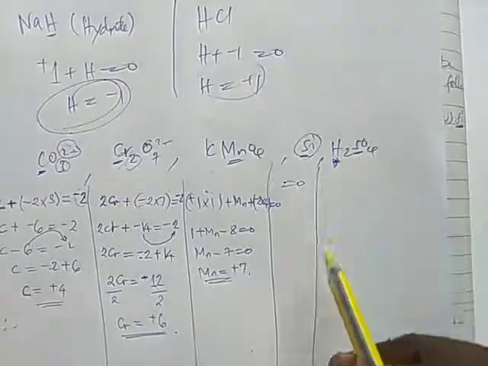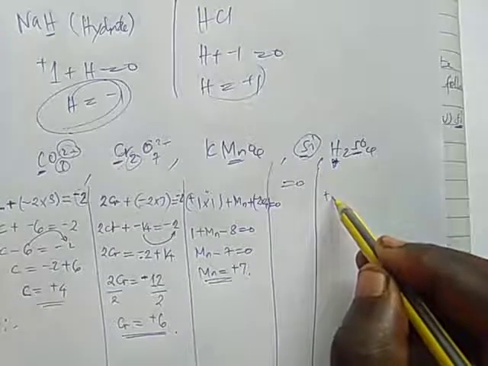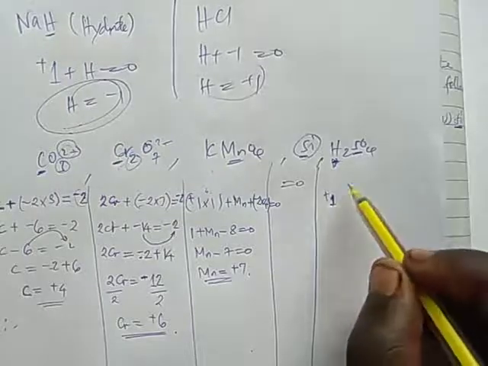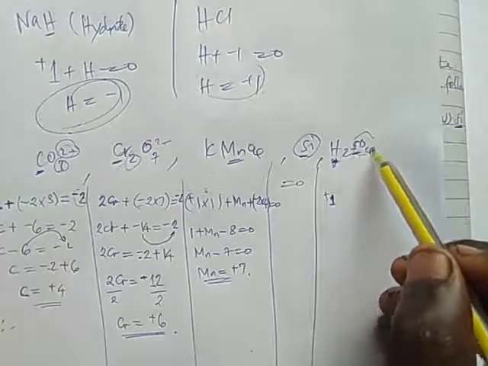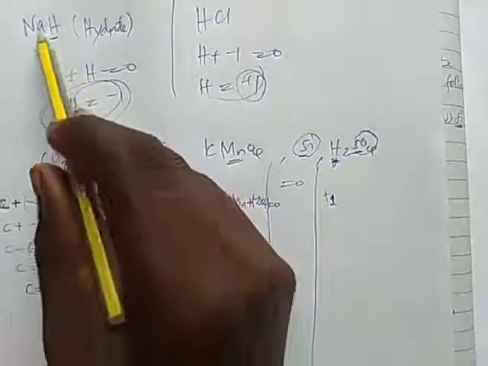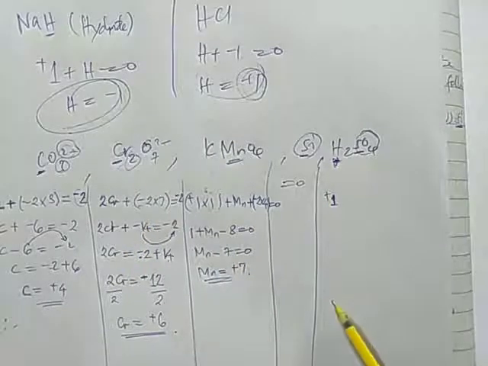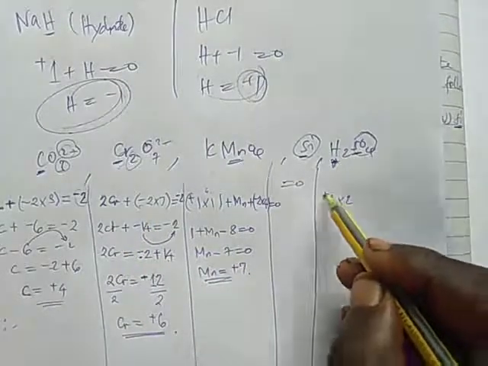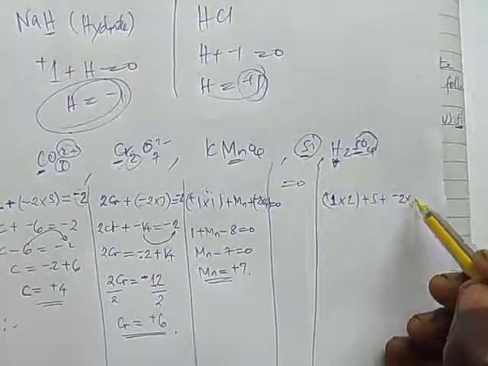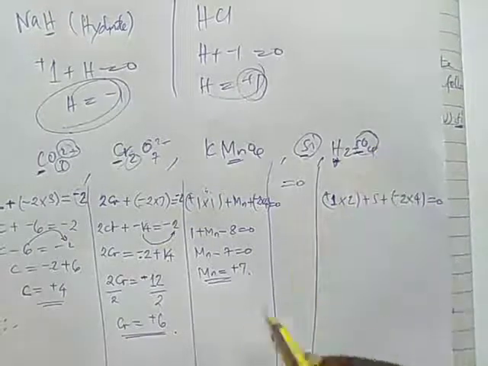Wakati tukiwa tuna sulfuric acid yule pale, maana yake itakuwa ni +1 hydrogen, +1 hydrogen, kwa sababu hapa ni hydrogen imecombine with non-metal. Oxidation yake tuseme inakuwa +1, lakini ikicombine with a metal oxidation yake inakuwa -1. So hydrogen positive 1 times 2, then tuta plus sulfur, tuta plus negative 2 ya oxygen times 4 is equal to 0, kwa sababu huku hakuna kitu, kwa itakuwa 0.